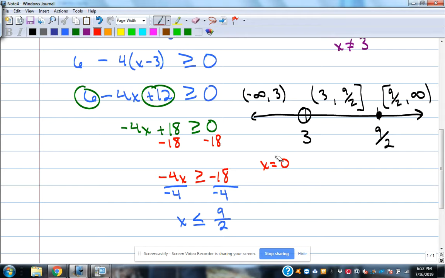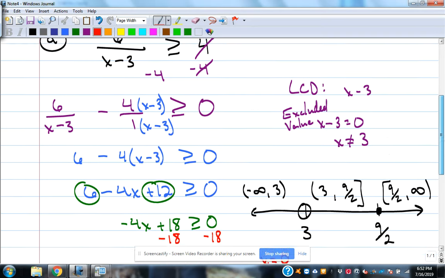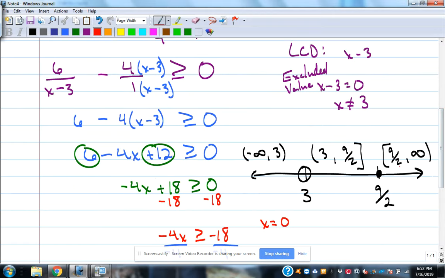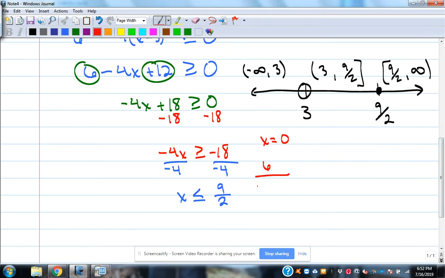I'm going to test that in my problem here. 6 over x minus 3 minus 4. 6 over 0 minus 3 minus 4. My question is, is that greater than 4? I mean, greater than 0. Greater than or equal to 0.